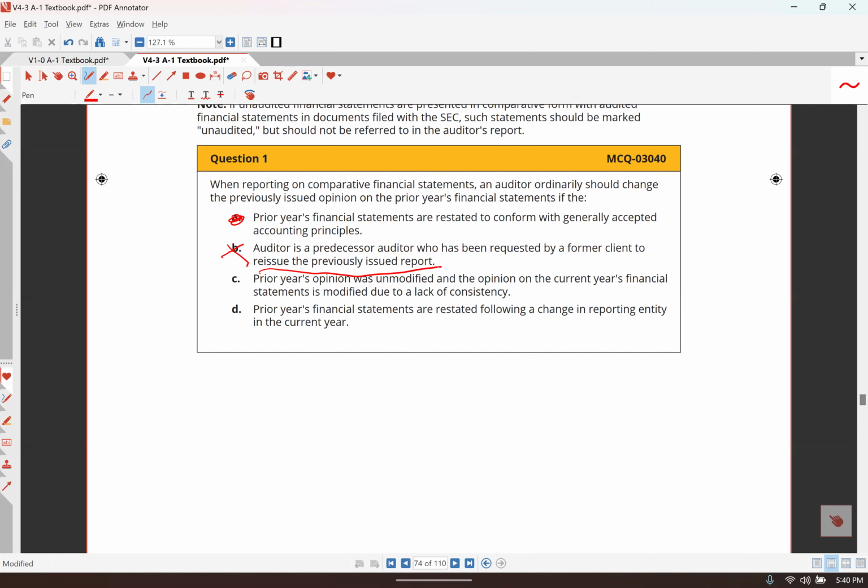Let's say it could still be unqualified. What this says is when the auditor should ordinarily change the previously issued opinion, you're changing the opinion from, say, qualified to unqualified, unmodified, because the statements were restated to conform with generally accepted accounting principles.